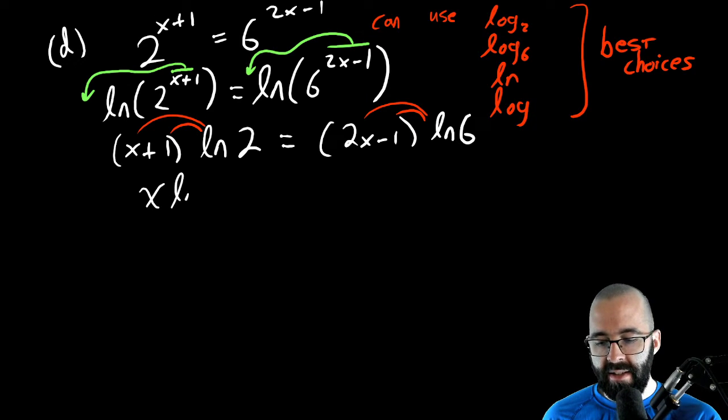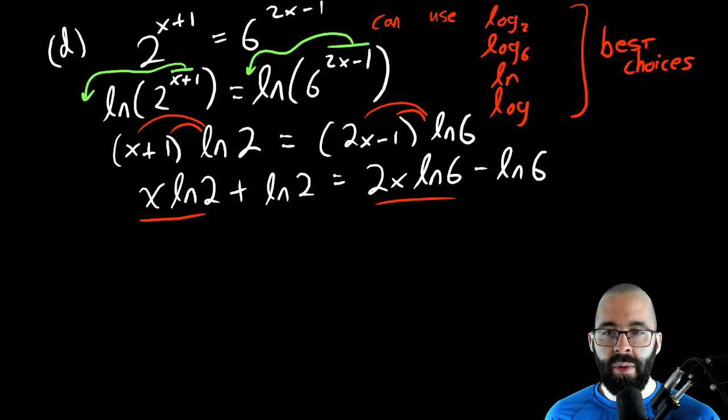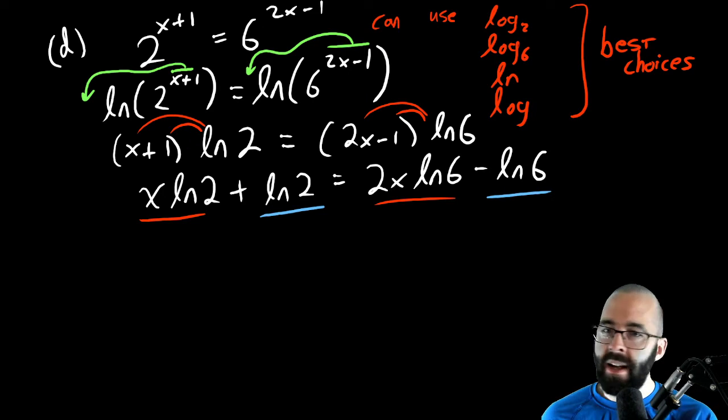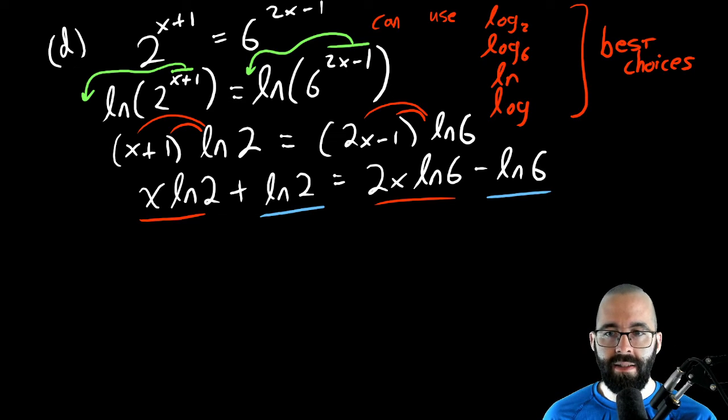This becomes x ln2 + 1 ln2 = 2x ln6 - 1 ln6. Everything with an x needs to be on one side. Everything without an x needs to be on the other side. Let's get a red side and a blue side.